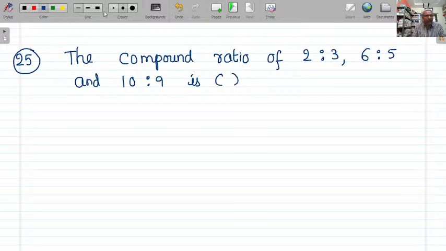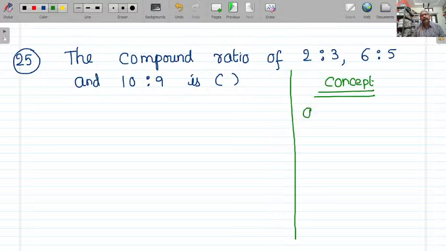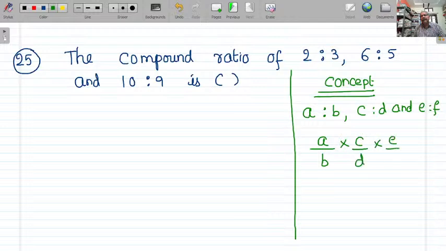So what is the compound ratio of the given three ratios? First let us discuss the concept here. Compound ratio of A is to B, C is to D, and E is to F. So that we can write like this: A by B multiplied with C by D, E by F. If simplification is possible, then simplify it.